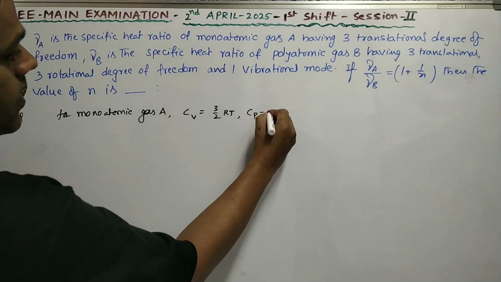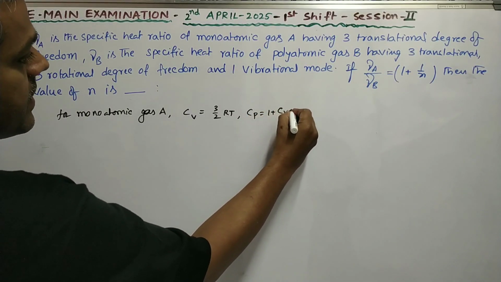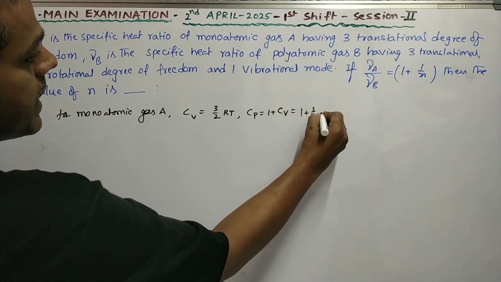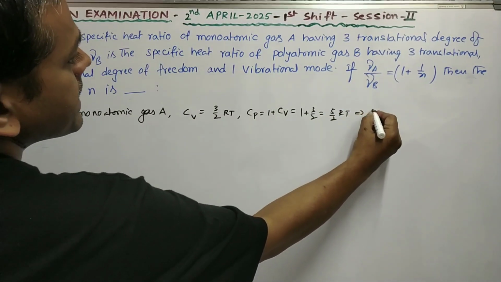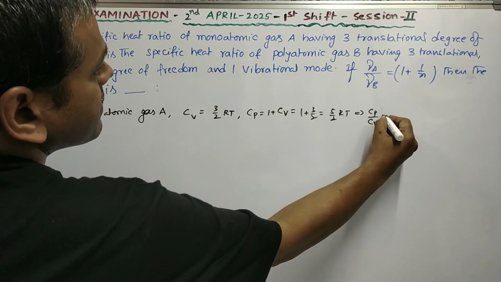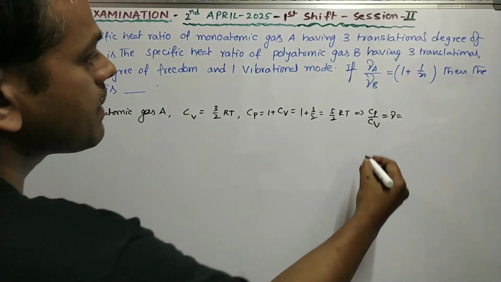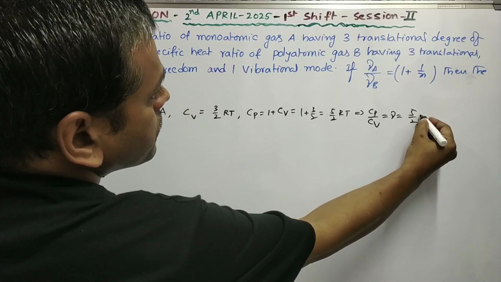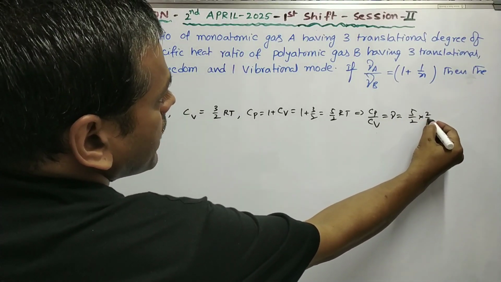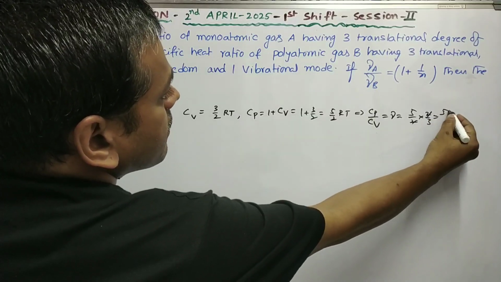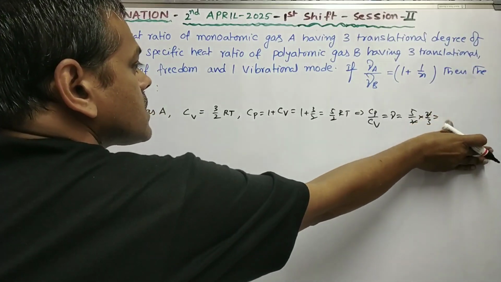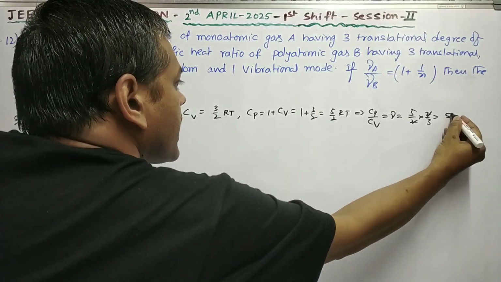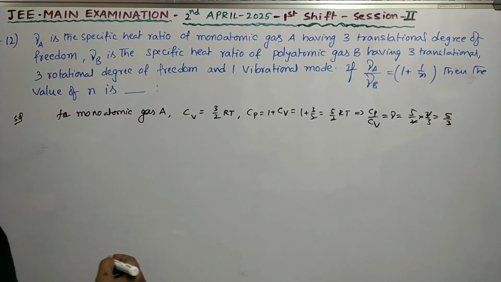Then Cp is equal to R plus Cv, equal to 1 plus 3 by 2, which is 5 by 2 RT. That implies Cp by Cv is gamma, equal to 5 by 2 into 2 by 3. The 2s cancel, giving 5 by 3. So for a monoatomic gas, the specific heat ratio is 5 by 3. Right.